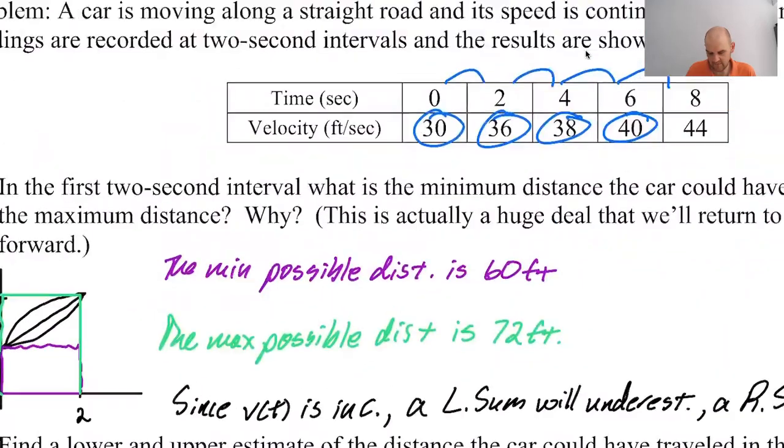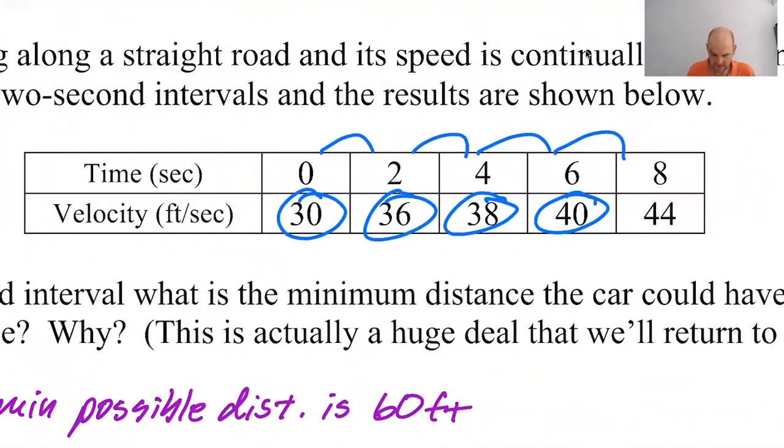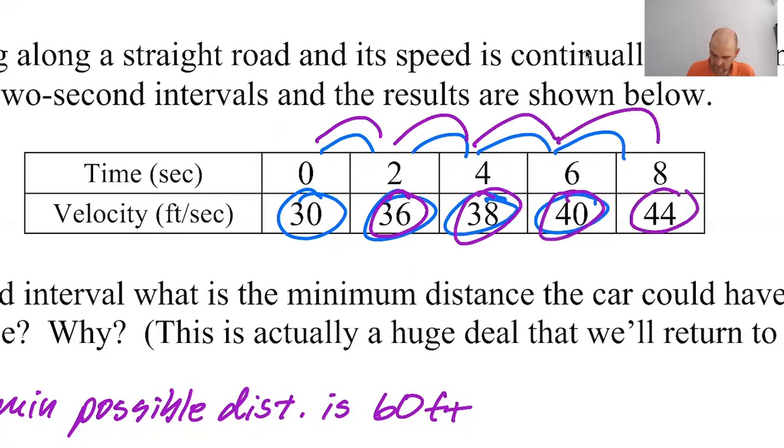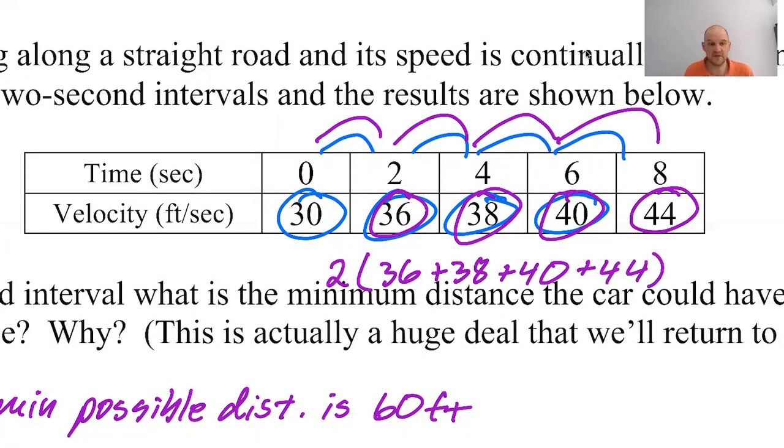I mark up my tables quite a bit while I'm doing these. So this is going to be 2 and 36, 2 and 38, 2 and 40, and 2 and 44. So it'll be 2 times 36 plus 38 plus 40 plus 44. All these are going to be in feet, because feet per second times seconds gives you feet.